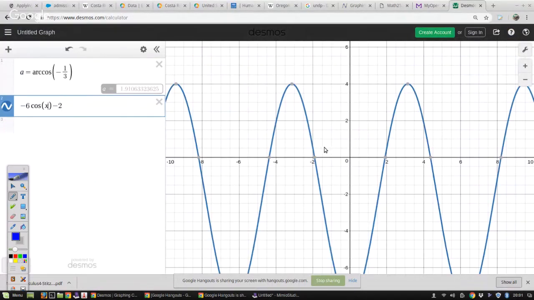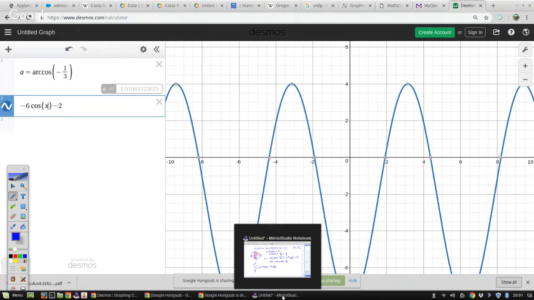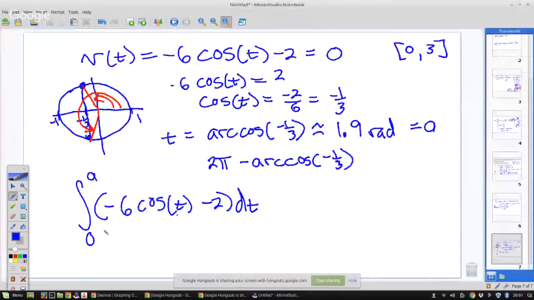So there's my function there. So it is negative in the first part, and there's my 1.9-ish intercept, and then it's positive after that. All right. So the first part is negative, so that means I want to take the opposite of all of this.